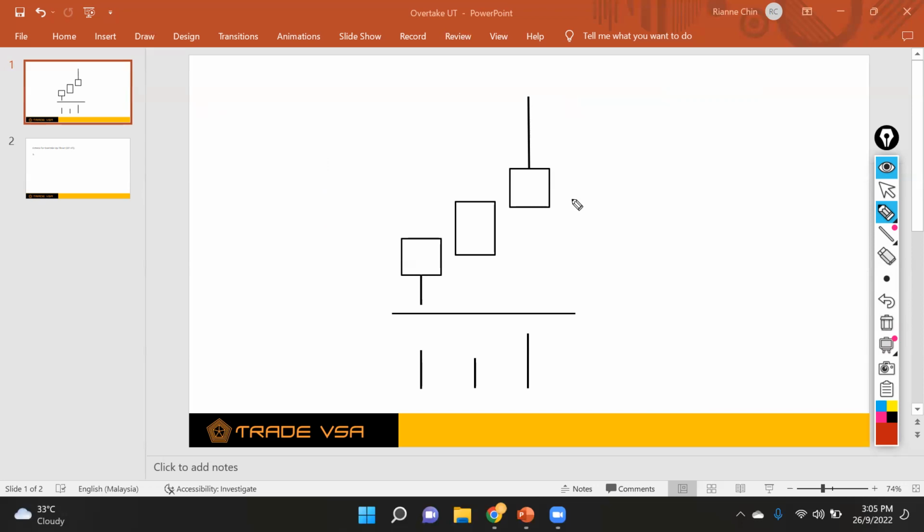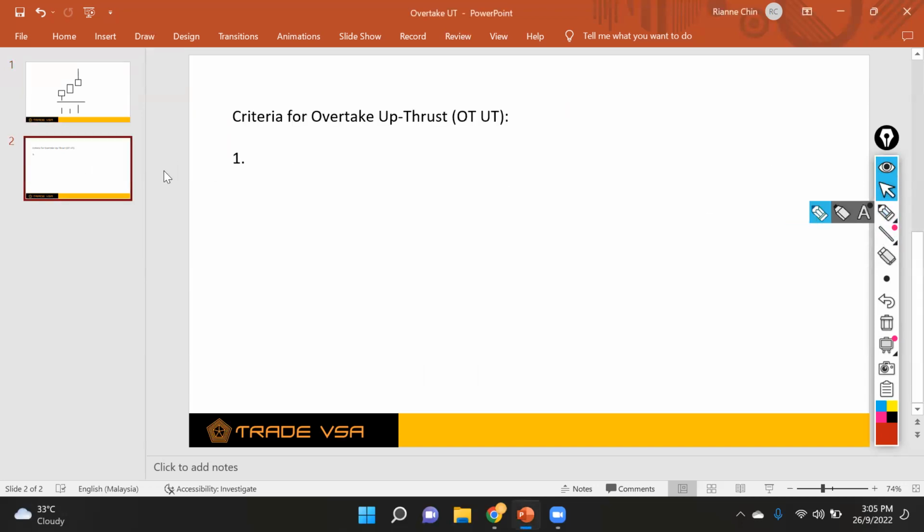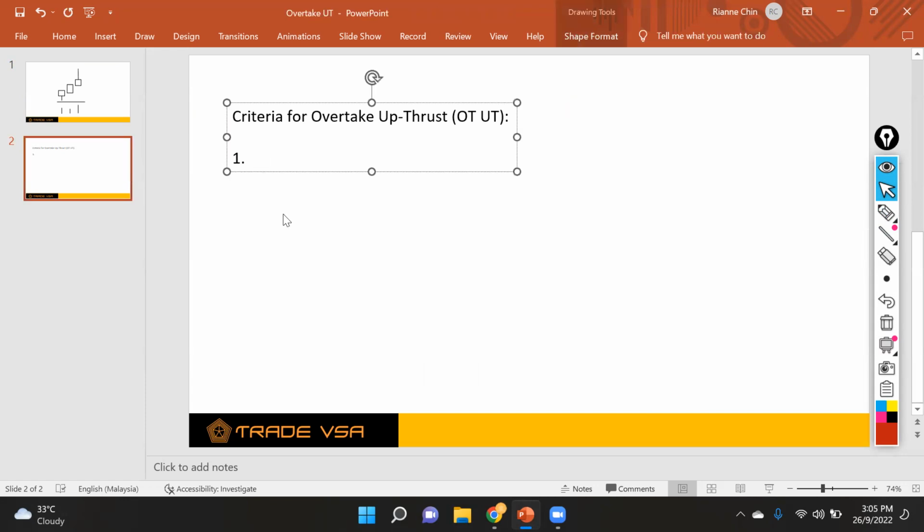Now, when you see your upthrust is ready, there are a few criteria I just want to highlight. If your upthrust is too far away from the 20/40s, likely there will be a distribution, or maybe a deeper pullback.